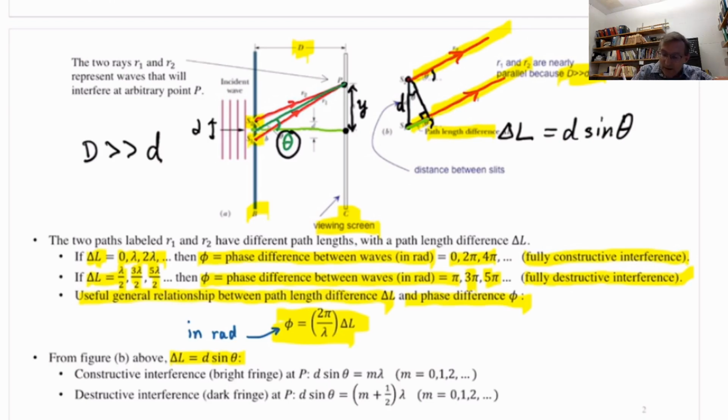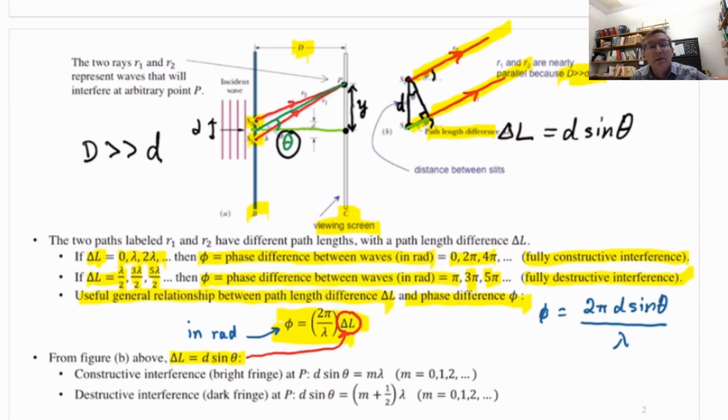So now let me take that result for delta L and substitute it into the formula for the phase difference phi and see what happens. Okay, so I'll do that over here to the side. Phi equals 2 pi times little d sine theta over the wavelength lambda. That's a handy result for this classic double slit experiment.